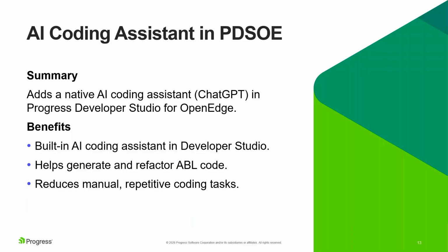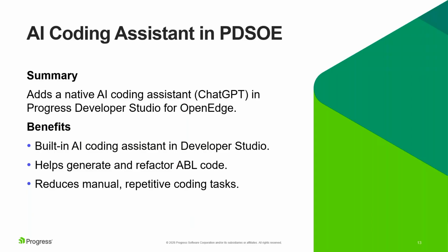You may be aware that in OpenEdge 12.8, an AI coding assistant is provided as a downloadable ChatGPT plugin that developers can install into PDSOE in order to generate ABL code. Now, in the AI world, that seems like a very long time ago, but it was a first step to help developers by eliminating the need to switch between the IDE and a browser for any type of AI assistance.